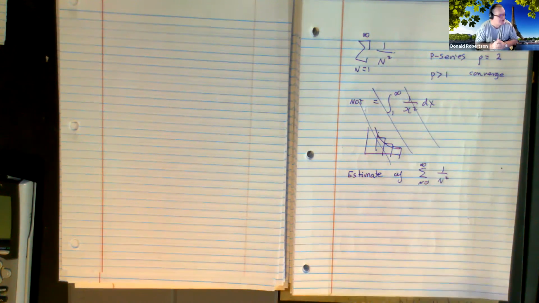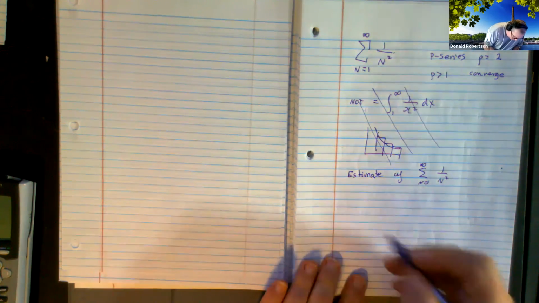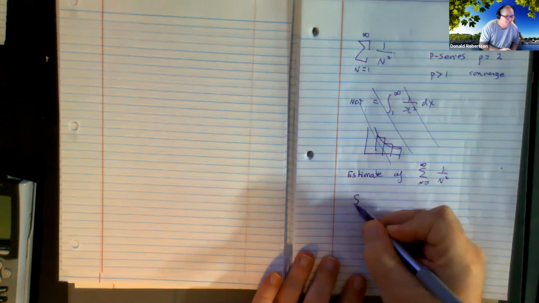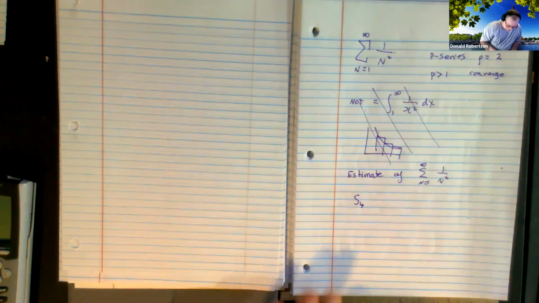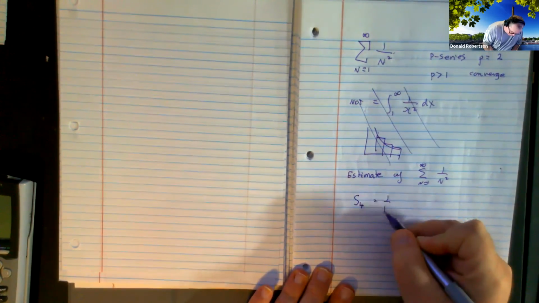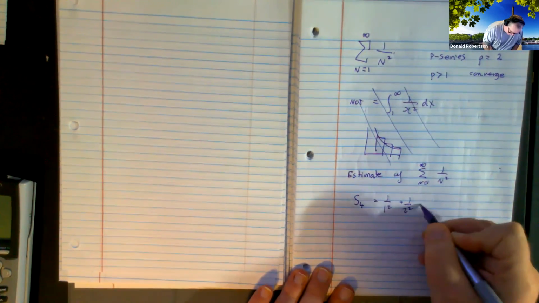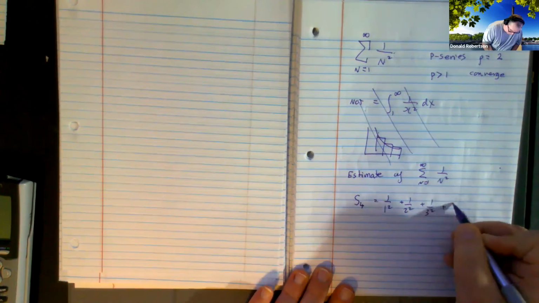So we're going to do a kind of baby estimate, and we're going to do what you said, but since I'm lazy, I'm only going to do S4. So what would that be? It'd be 1 over 1 squared plus 1 over 2 squared plus 1 over 3 squared plus 1 over 4 squared.